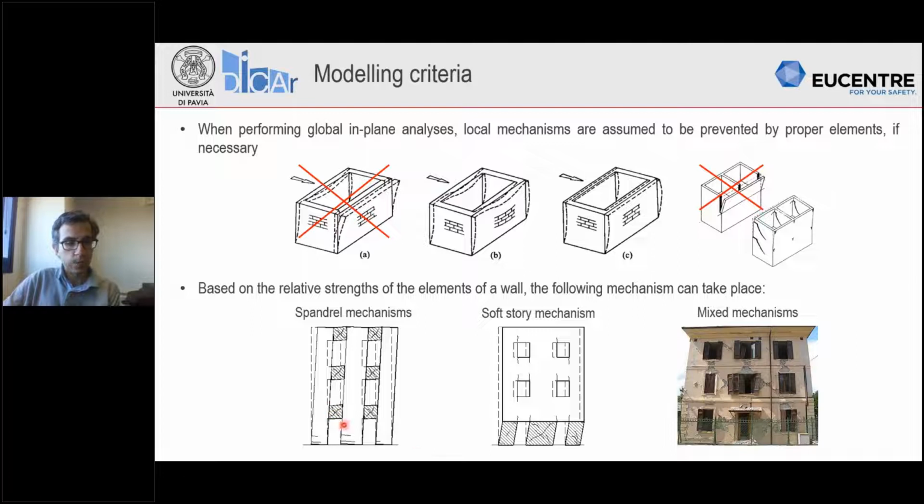You will have spandrels which are damaged, and so the mechanism is controlled by piers. On the opposite side, if you have strong spandrels, damage will be concentrated into piers, and so you will have a soft story mechanism. Of course, reality is somehow in between, because normally mixed mechanisms take place with damage both in piers and spandrels.